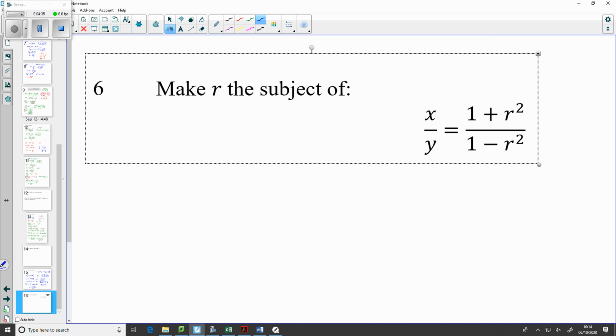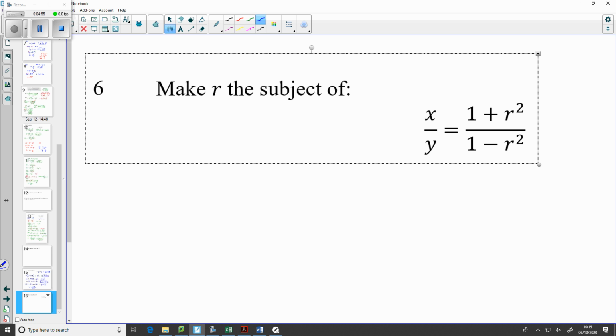Lastly, make R the subject. So, like the one we did previously, you kind of need to cross multiply here to get rid of the fractions.